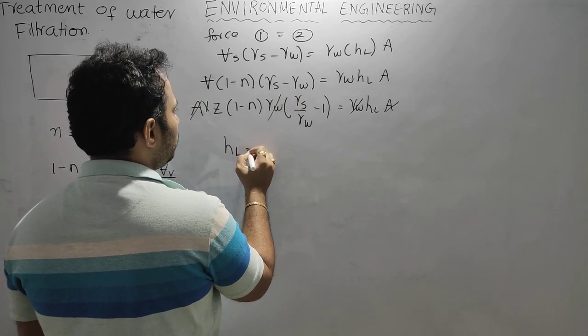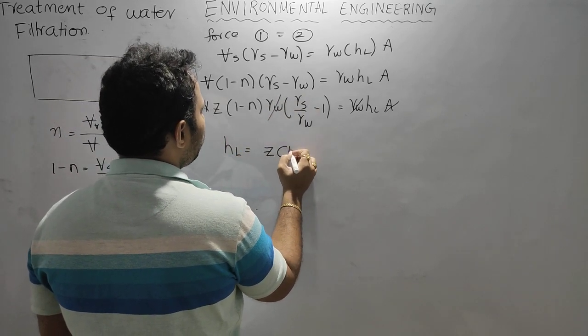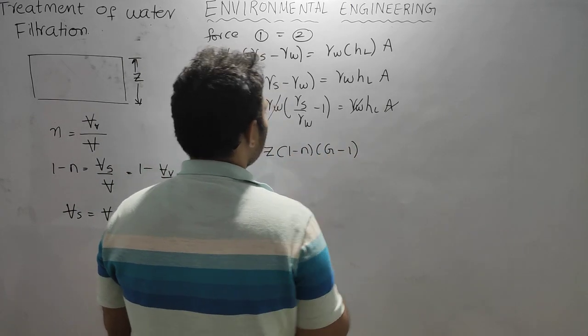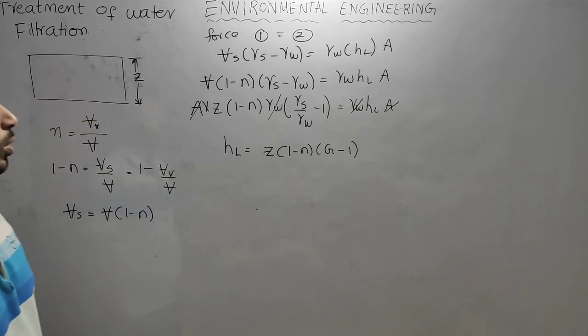So HL is equal to Z into 1 minus N into (gamma S by gamma W minus 1). Okay.